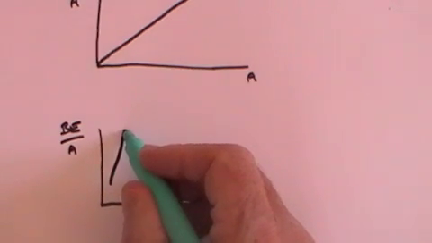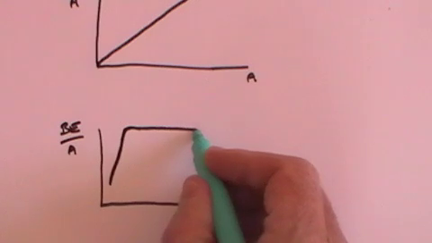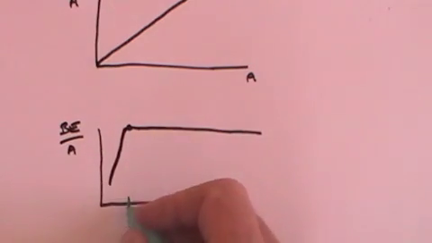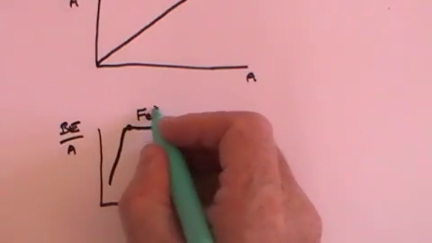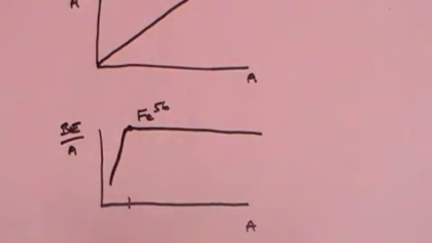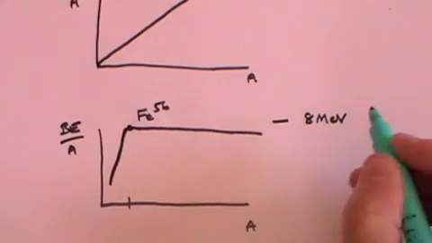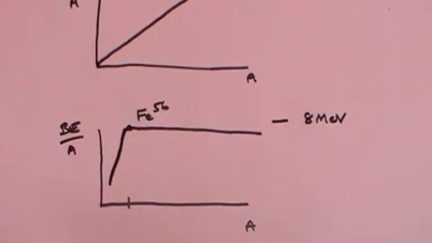There's a very steep rise initially, but then it peaks and there's a very slow fall off. And it peaks at A equals 56, iron. That is where you get the maximum binding energy per nucleon, and that is roughly 8 MeV. So 8 MeV per nucleon, there are 56 nucleons, so there will be 56 times 8 MeV total nuclear binding energy. And there's a very slight fall off, but it's almost constant.